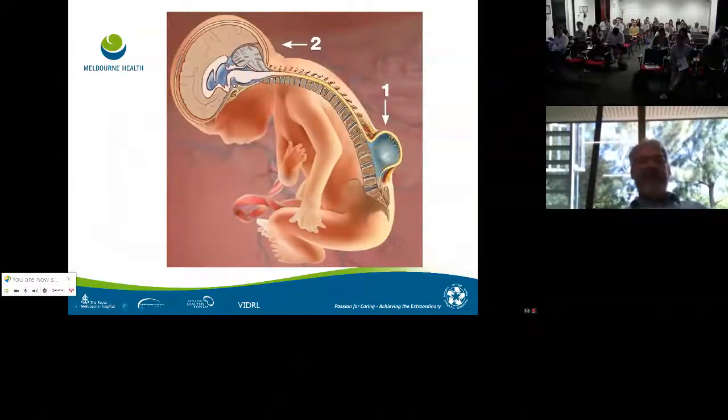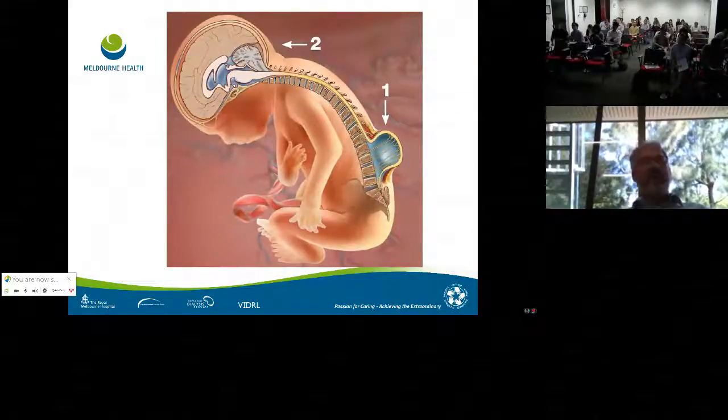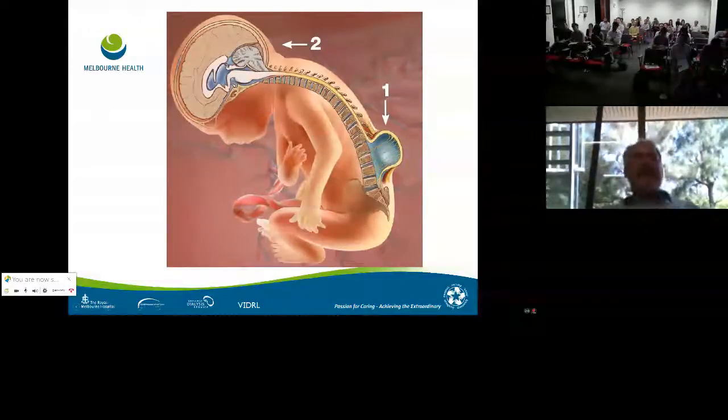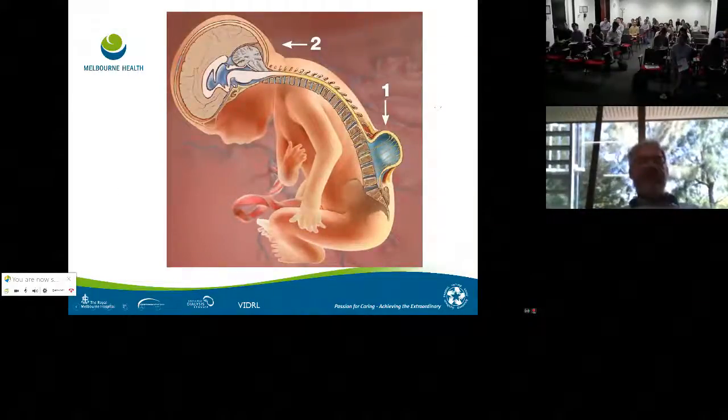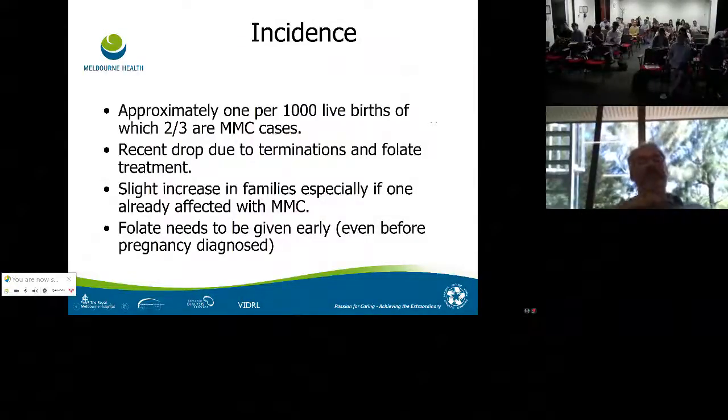Don't forget that we tend to concentrate largely on the spinal effect, but remember it's often associated with deformation of the upper spinal cord or upper brainstem into the area below the foramen magnum, and that leads to potential pressure effects as well. There's about 1 per 1,000 live births, of which 2/3 have myelomeningocele.